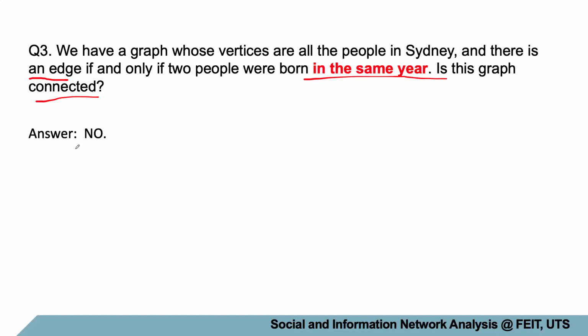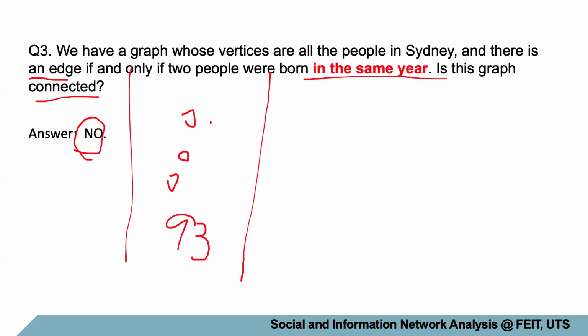Oh, oops, I already gave the answer here. Yeah, it is no. I think you guys have the same answer, right? Because if we do the same thing, with the people born in 1993, if we give an edge between the people only born in the same year, then the people in the same year will be a connected graph.